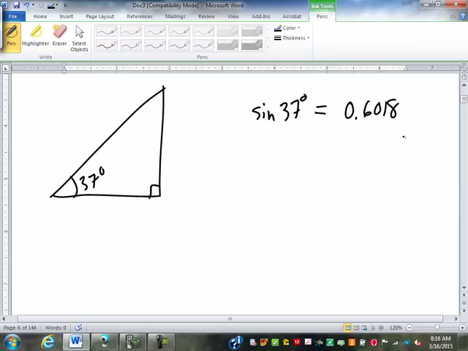I don't think any of you have an old one-line display in here, but if you did have a one-line display calculator, you have to do it just backwards of that. You type in the 37 first and then hit the sine key, and it pops up. So I want you to find now the cosine of 37 degrees. Type that in.